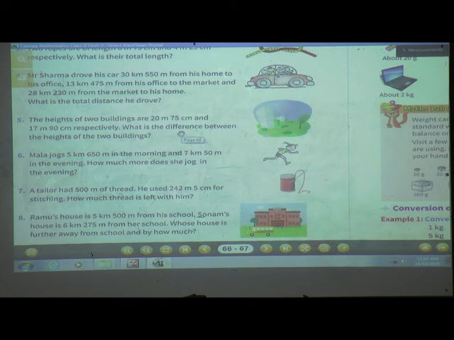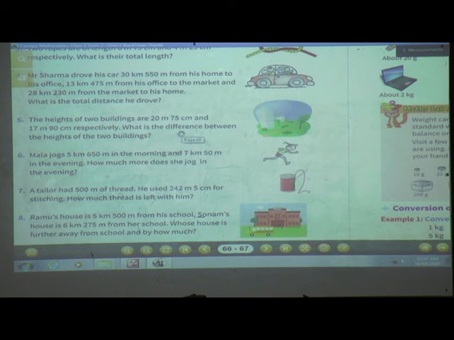Difference between the heights of the two buildings means here we have to do the subtraction. If we do the subtraction, then we will get the difference between the heights of the two buildings.